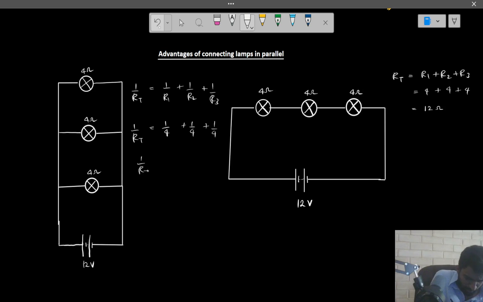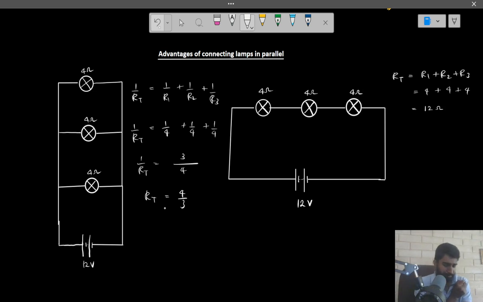Then the common denominator is 4, so here it is 3. Then I'll get RT as 4 over 3 when I cross multiply, right? So the total resistance of this circuit is 4 over 3, and here it is 12 ohms total resistance. You can see here the resistance is greater and here the total resistance is smaller, right?